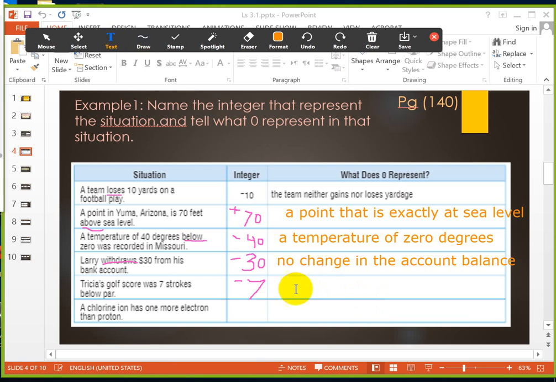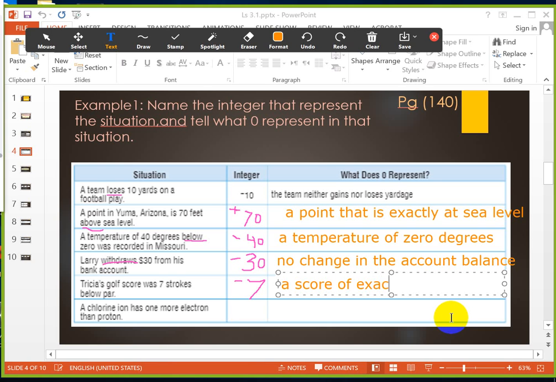The score for Tricia, the score of exactly par. That means she doesn't win or lose any strokes in this golf.